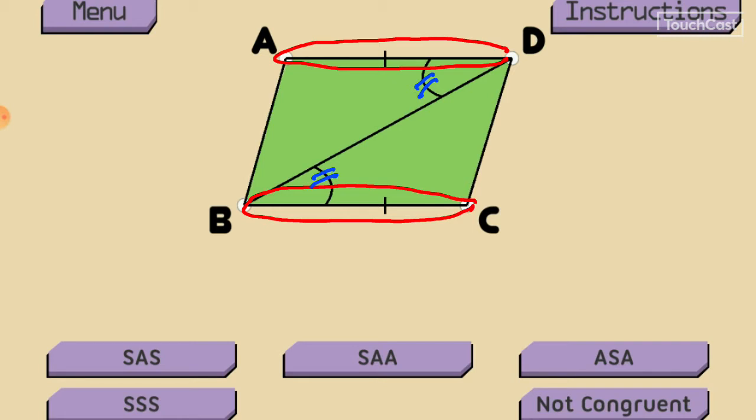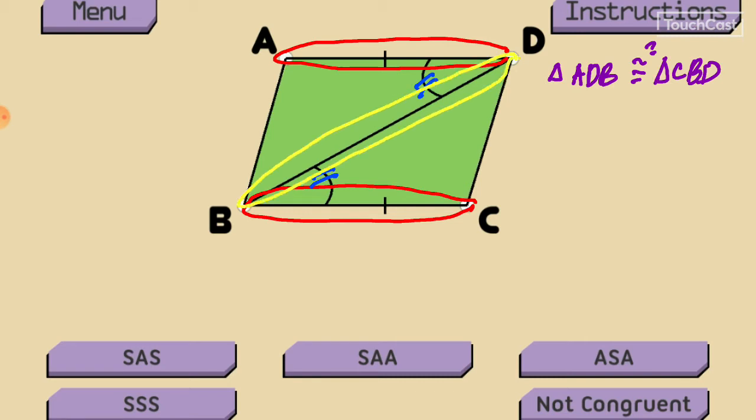So, given this pair of sides and this pair of angles, it seems like the two triangles, namely triangles ADB and CBD, are congruent. And the student may also observe that BD is a side that is shared by these two triangles.